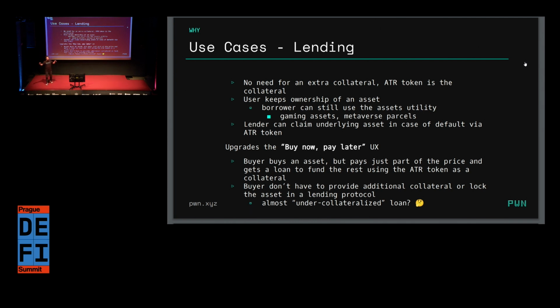The protocol will pool these assets together, buy the asset, tokenize the transfer rights, and send me the asset, but keep the tokenized transfer rights in the vault, using them as collateral for the loan I took to fund the rest of the asset. It almost feels like an under-collateralized loan. You're buying something with just 30% of the funds, and you are getting the ownership of that asset, which feels pretty nice.